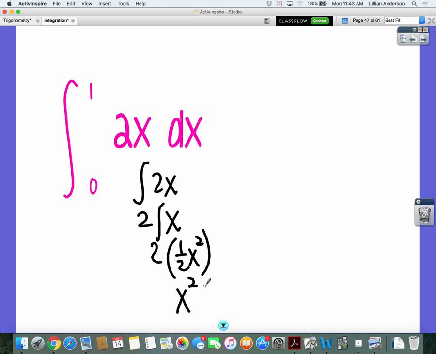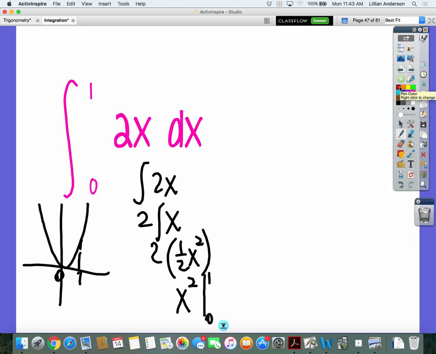It's just x squared. But since we actually have bounds here, this is where we evaluate x squared from 0 to 1. So basically we're looking at the old school quadratic function, and we're looking from 0 to 1. We're looking at this area underneath the curve. This is basically what the whole concept is with an applied function. You're trying to figure out what's this area here from 0 to 1.